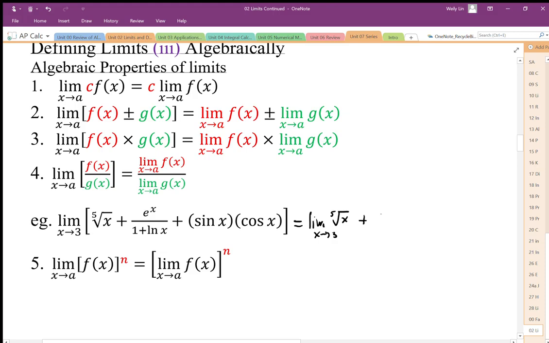We can do the limit as x goes to 3 of e to the x, and we can divide by the limit as x goes to 3 of 1 plus log x.